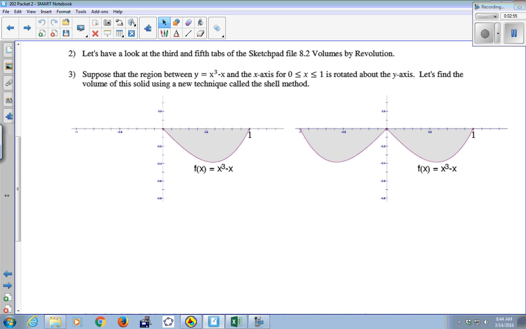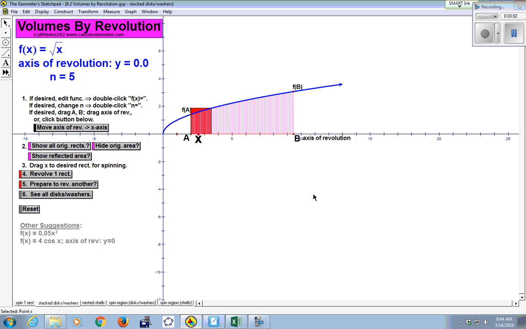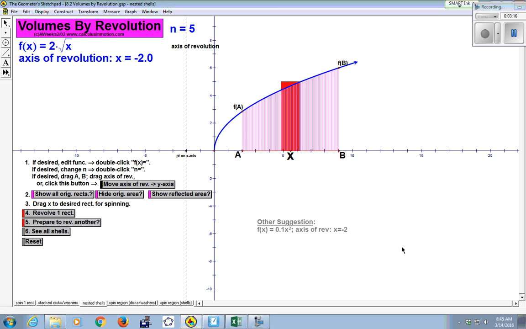All right, so let's look at a little animation to try to wrap our brains around this shell method. Here is the same picture we looked at last class, right? Trying to find the volume of the solid that's created when I take this pink area and rotate it around this dashed axis of revolution.